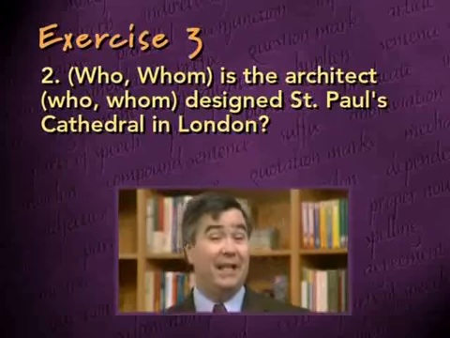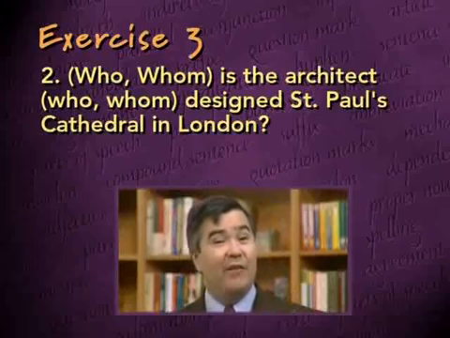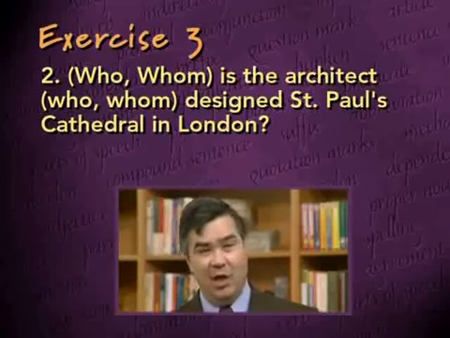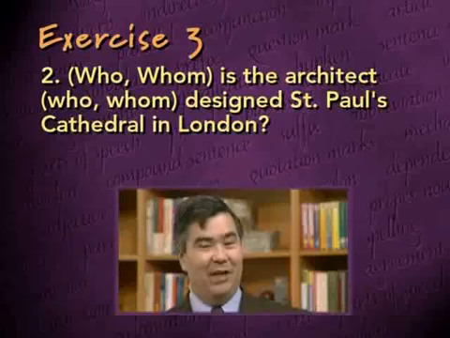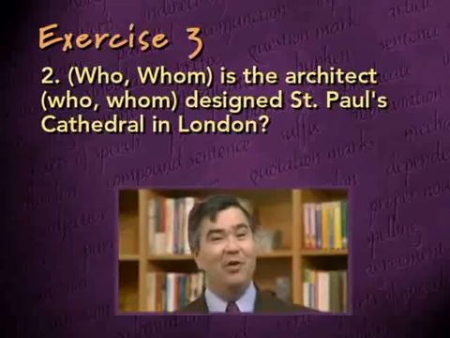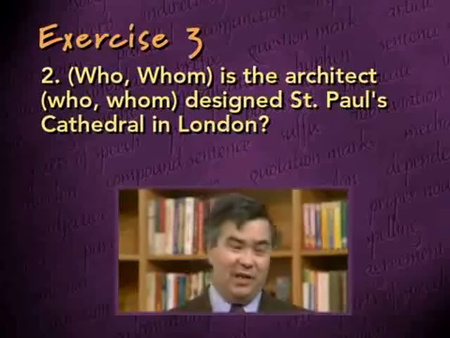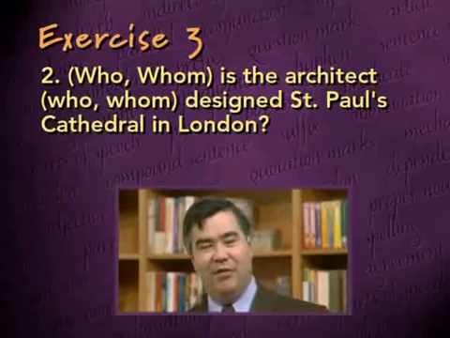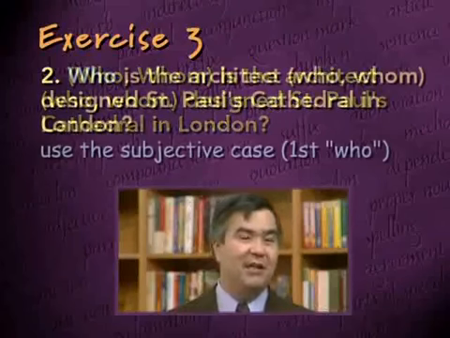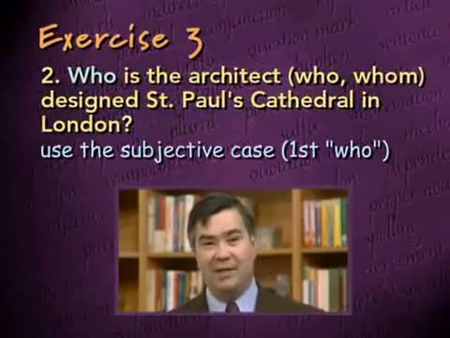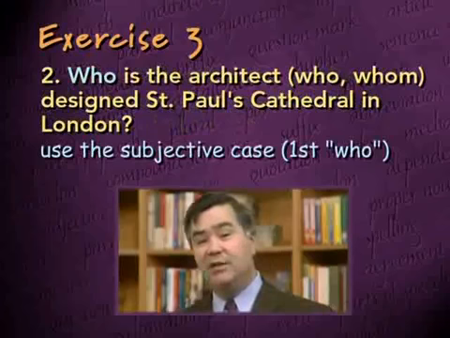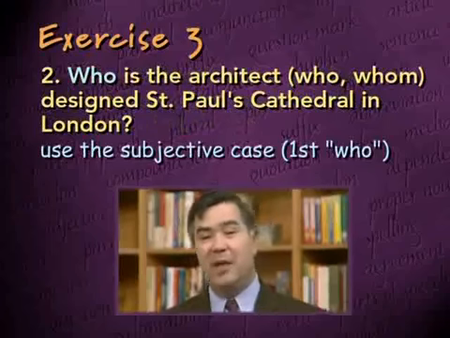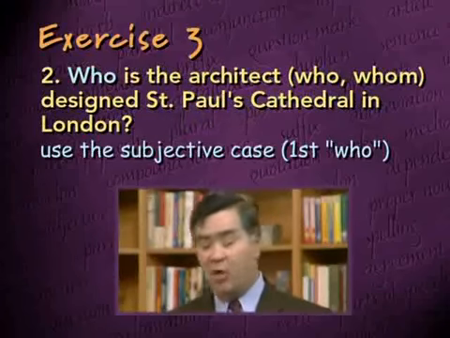Well, the verb is. And we're looking now for the subject of the verb is. Who or what is the subject of the verb? Well, the subject is who. Who is the architect? So who is the subject of the verb is, and therefore the subjective case who is correct.